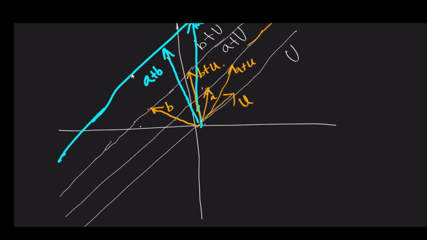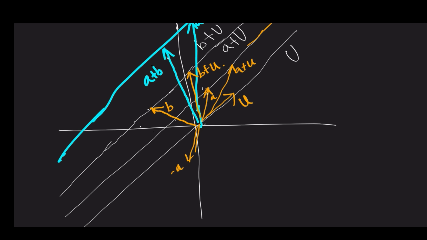A is a vector of V, so you can always have another vector minus A present there, and that will give you minus A plus U, and you will get the line minus A plus U. So in that way you can always find the additive identity and additive inverse of that space. And similarly you can define it for scalar multiplication.